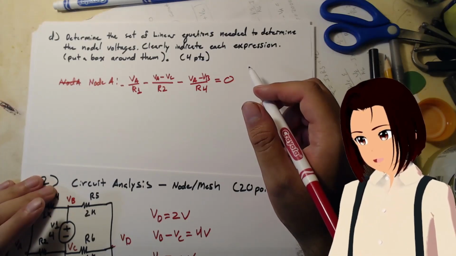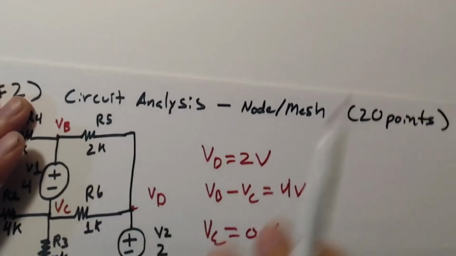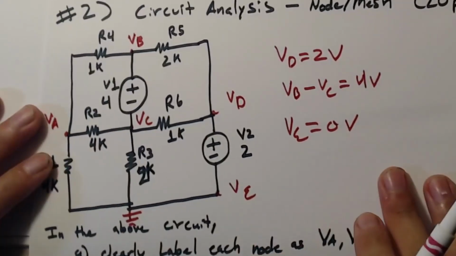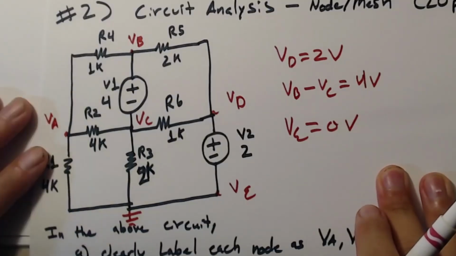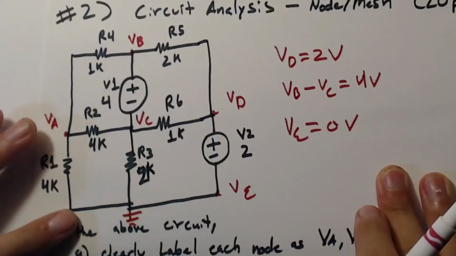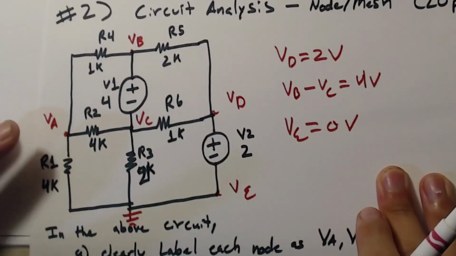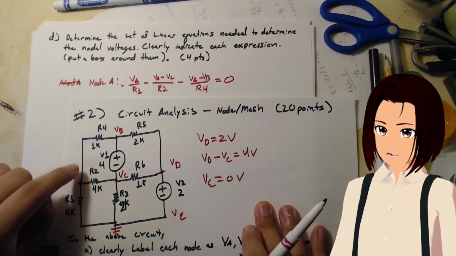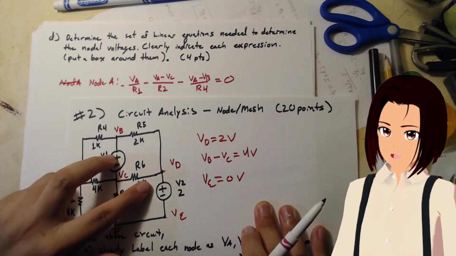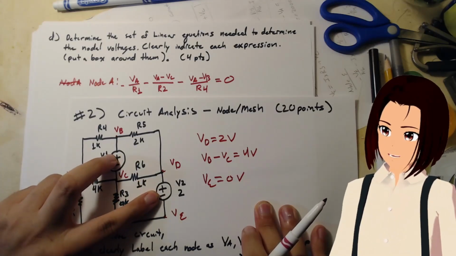So here's the other equation. If we go to the circuit, what would be a good choice? Since the problem wants us to do node analysis, we can't do mesh. Mesh analysis would be easy because we have all these voltage sources, but it says node.